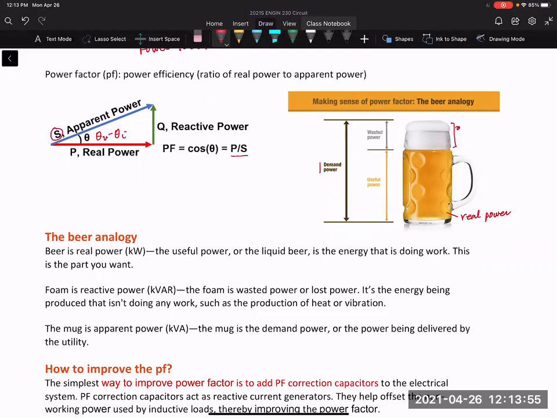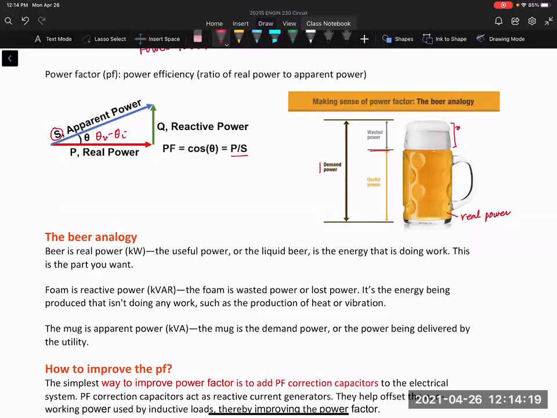So the demand power is when you want a utility company to give you the power, you won't say, I only want 80% or 70% of the power, because you might actually use more power than the average. So you want to demand the maximum power.